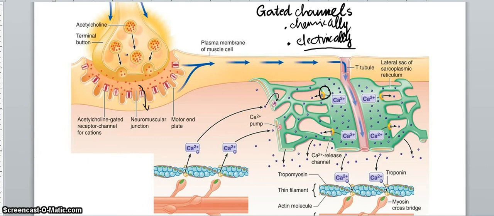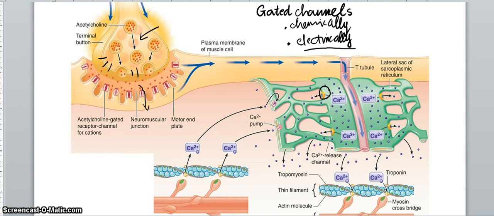If you remember the SNARE complex and calcium in the role of exocytosis, there are also electrically gated channels right here that are calcium channels. They are a lot like these calcium channels in that they respond to an electrical change inside of the neuron.